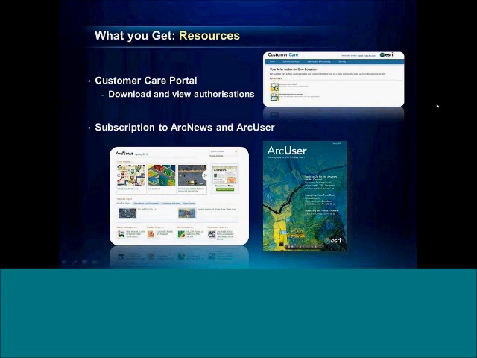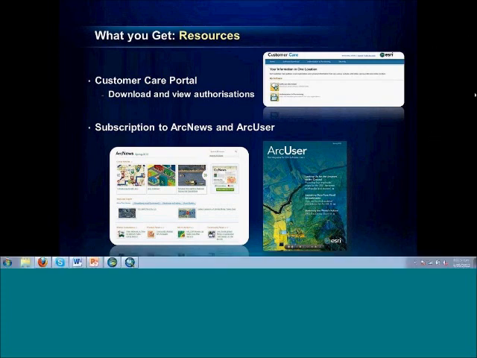You're prompted there to create a global ID for yourself if you haven't got one already, and then you'll be able to get access to the customer care site. The customer care site will have available for you the software that you're eligible to download, which will be ArcGIS Desktop Basic, and you can also view your license authorizations.